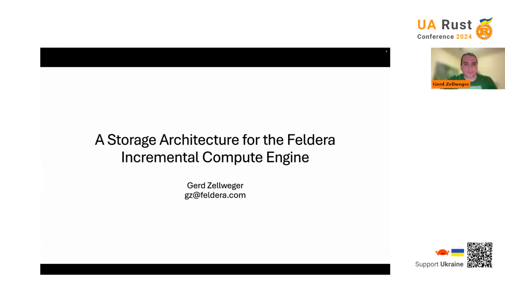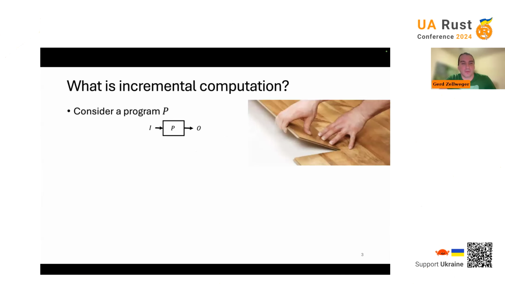So let's get started. So what's incremental computation? That's generally not a well-known concept, but I'll explain it first. So let's consider the normal kind of computation we do. Usually what happens is we have a program P, we send that program some input, and the program produces the output, right? So that's not an incremental computation.